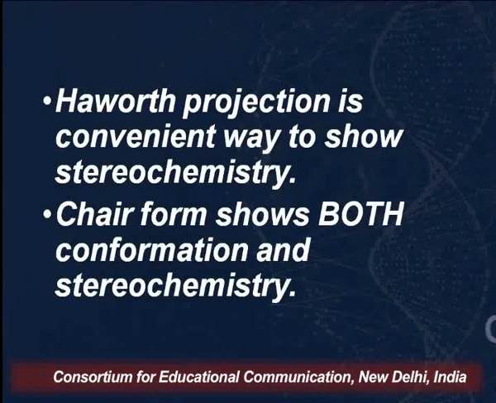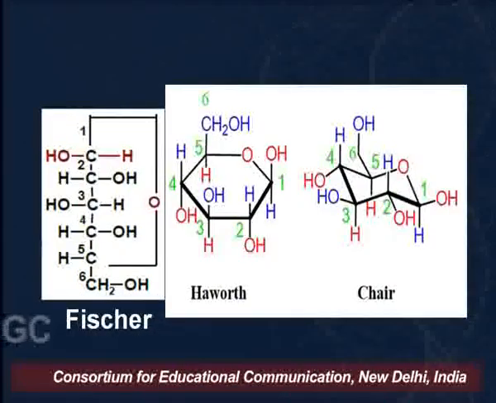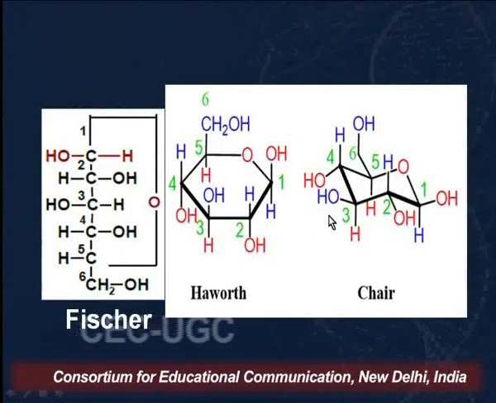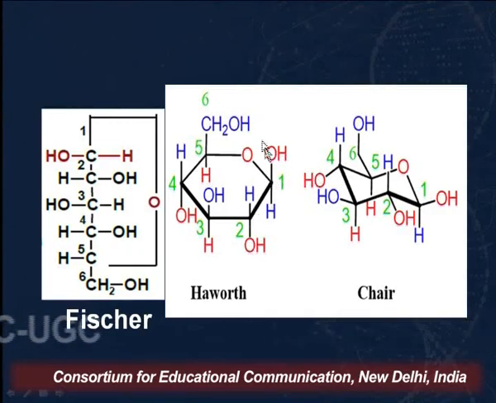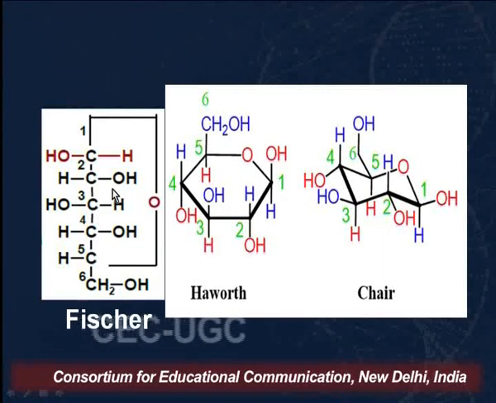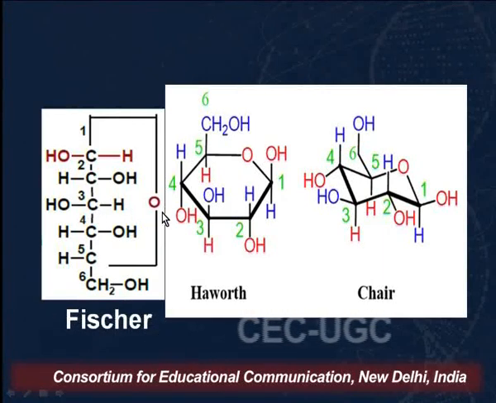Now what is the benefit of showing a structure by Haworth projection? In Haworth projection, we find that the stereochemistry at each chiral carbon is specified. Like we know here that the OH is on the top, here the OH is at the bottom, and then we can of course go on to giving it the absolute configuration also.